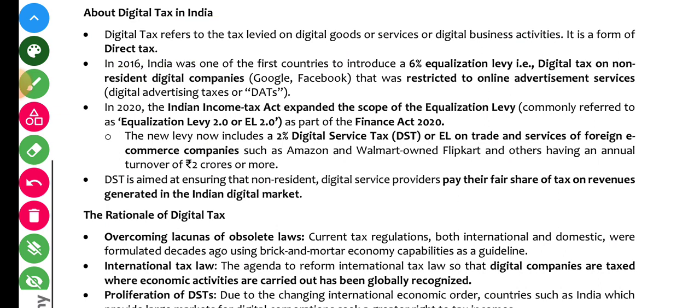Okay. In 2016, India was one of the first countries to introduce a 6% equalization levy on multinational enterprises like Google, Facebook, Microsoft, etc. Next, in 2020, the Indian Income Tax Act expanded the scope of the equalization levy, as part of the Finance Act 2020.